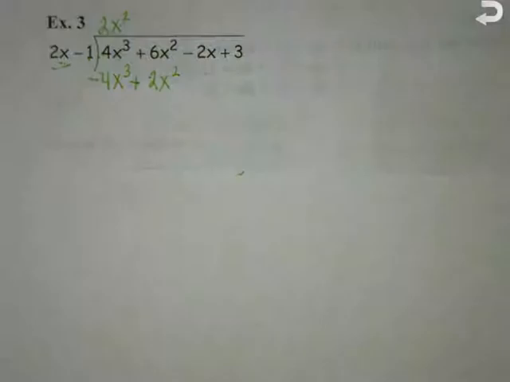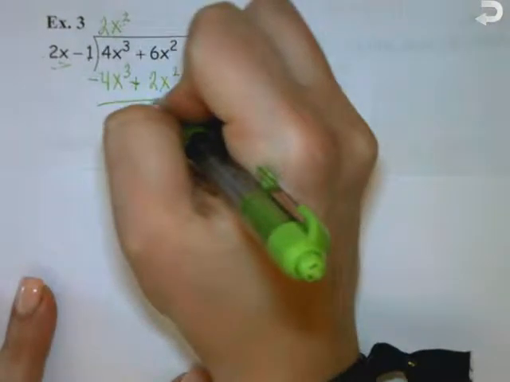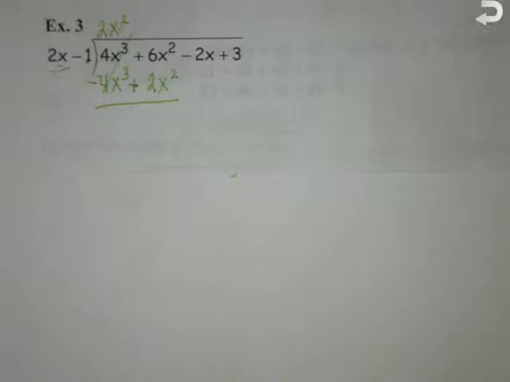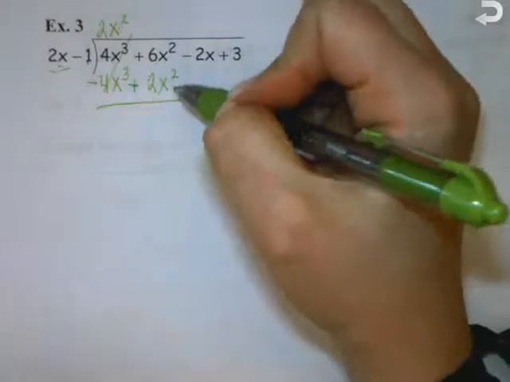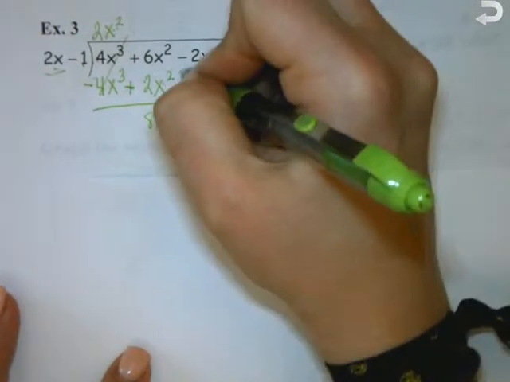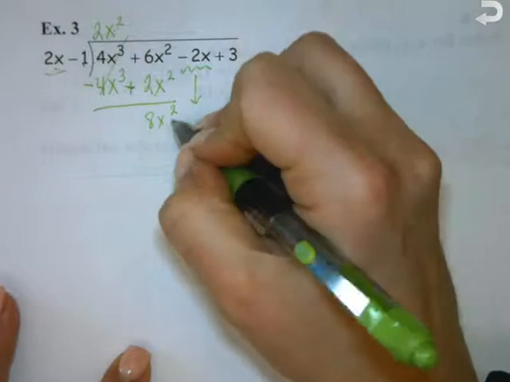Because multiplying by a negative changes the signs of everything, right? Okay. So 4x to the third minus 4x to the third, that cancels, which is what we wanted to happen. And then 6x squared plus 2x squared gives me 8x squared. Bring down the next term, so minus 2x.